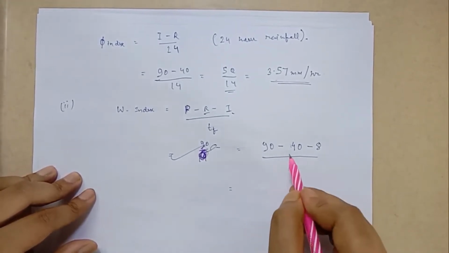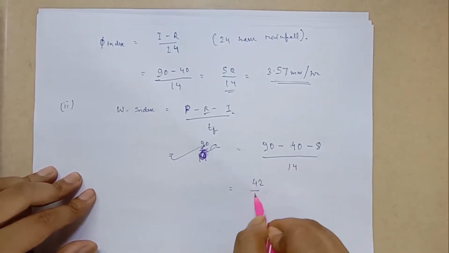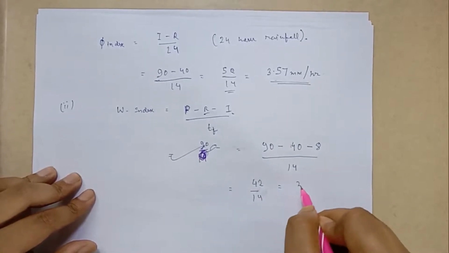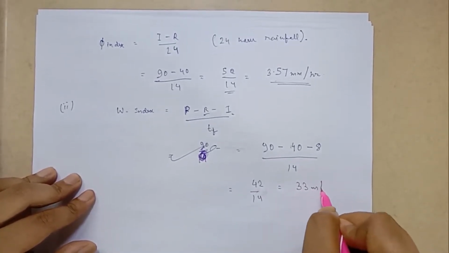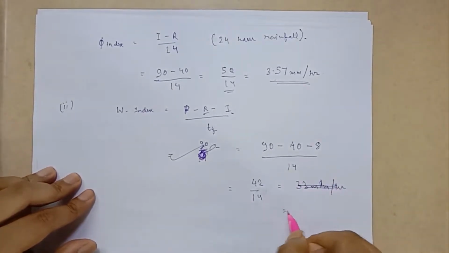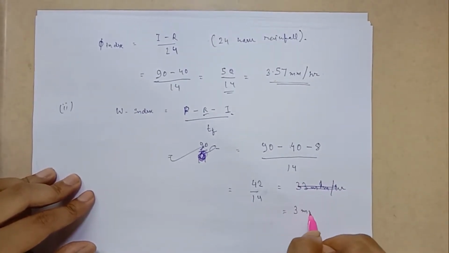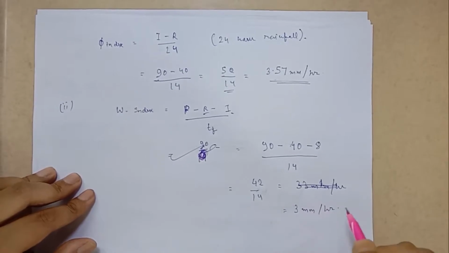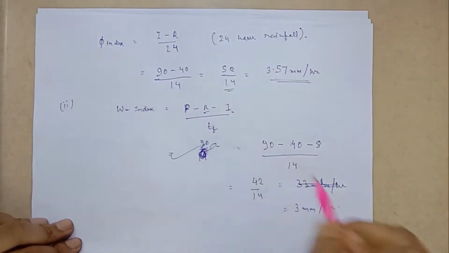So it is equal to 42 by 14, and it is equal to 3 millimeter per hour. So this is our W index.